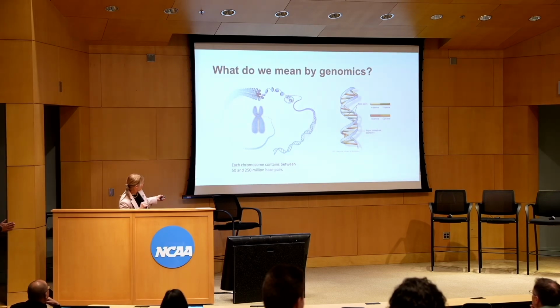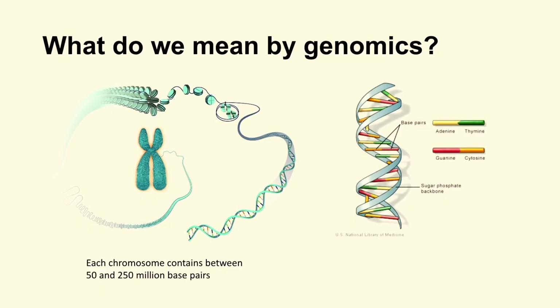Chromosomes, one way to think of them, are sort of like a big ball of yarn. And inside that yarn, what is it made out of? Well, it's made out of these basic 4 things called base pairs.